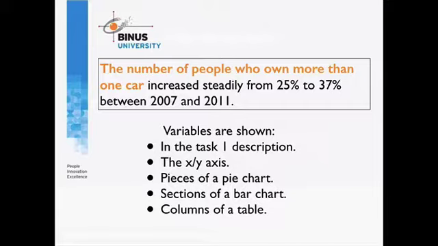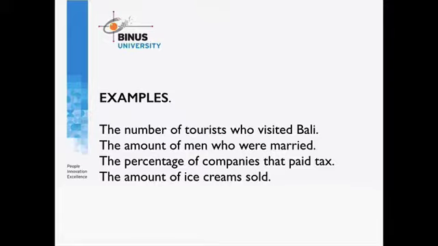They can be defined as variables. Let's just look at a few more examples. So just so you get the idea, you've got things like the number of tourists who visited Bali, the amount of men who were married, the percentage of companies that paid tax, and the amount of ice creams sold.